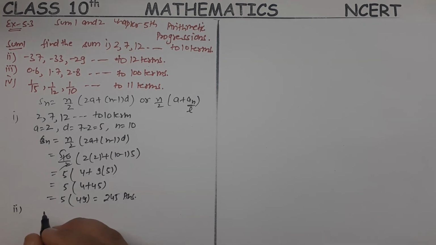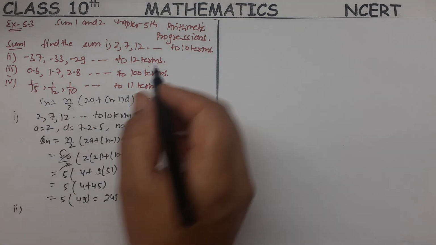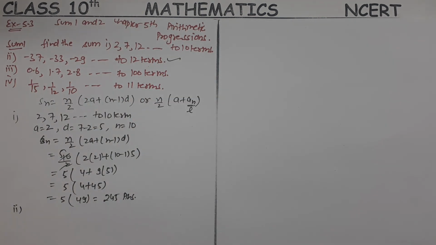Part second. AP minus 37, minus 33, minus 29 up to 12 terms. Here we will write directly a is minus 37, d is minus 33 minus (minus 37).